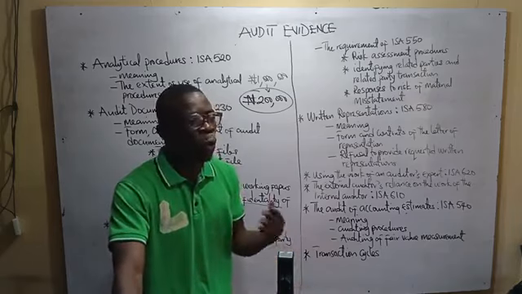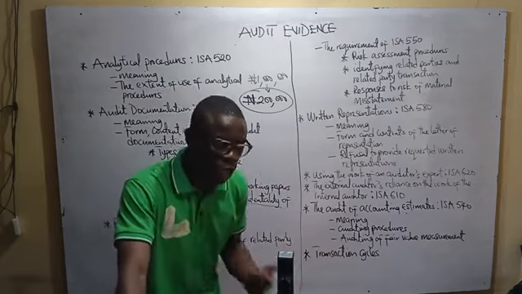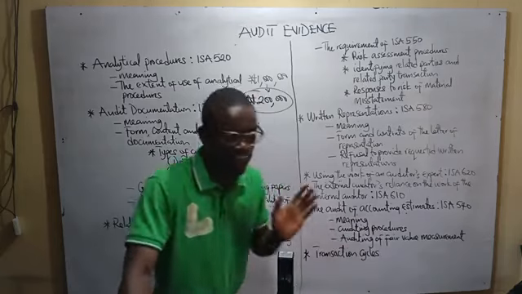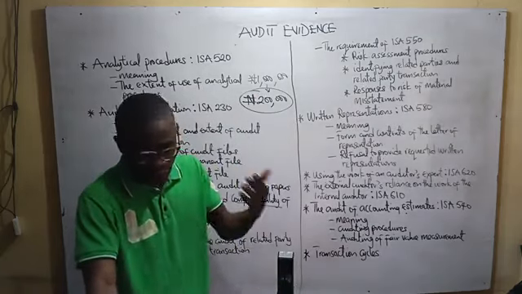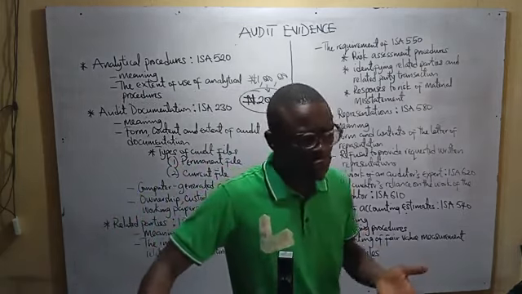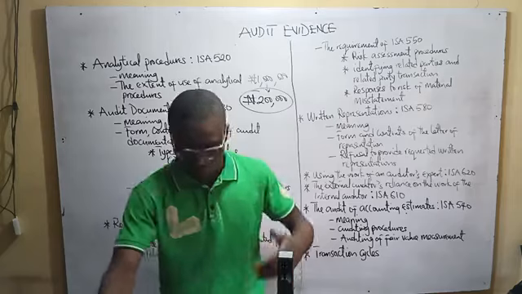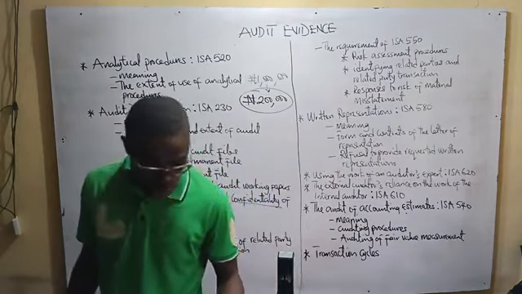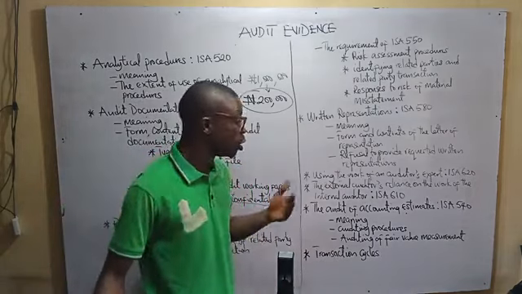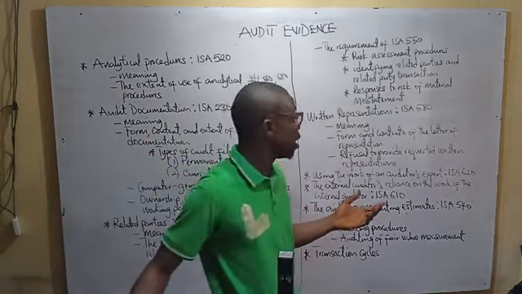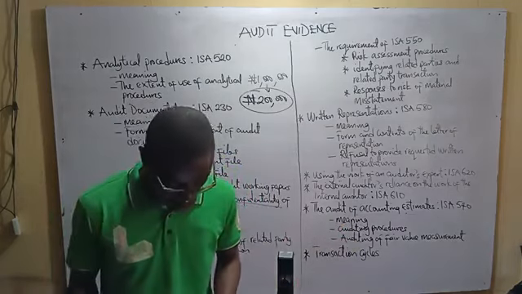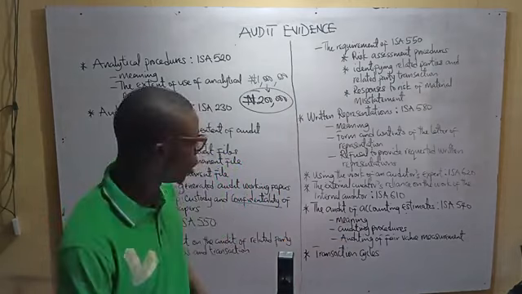So in that aspect, what you cannot finish, the external auditor should not even start. But if there is effective communication between the internal auditor and the external auditor, and all these three things are in place, then the external auditor can rely on the work of the internal auditor. Are we together?